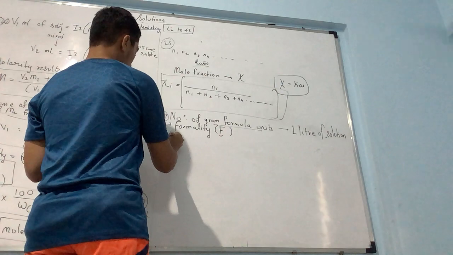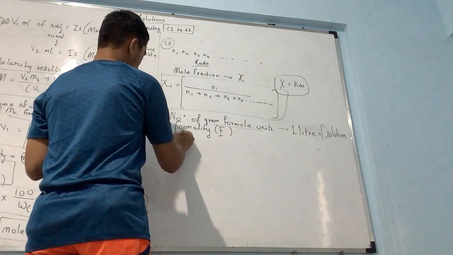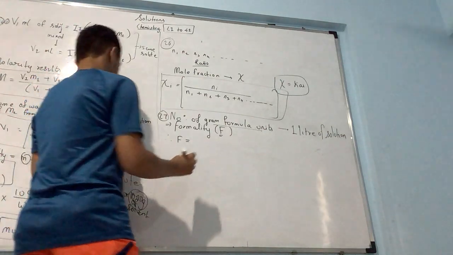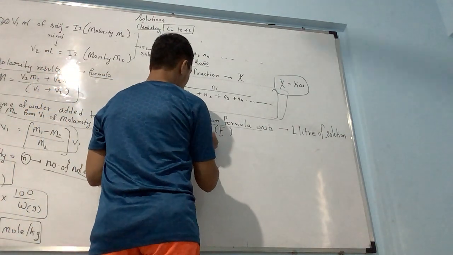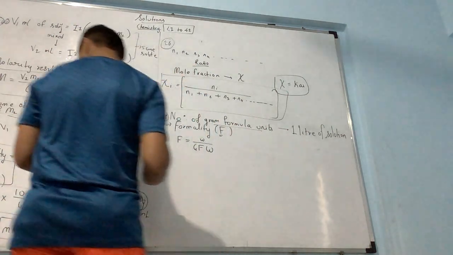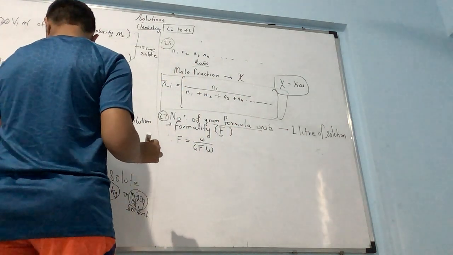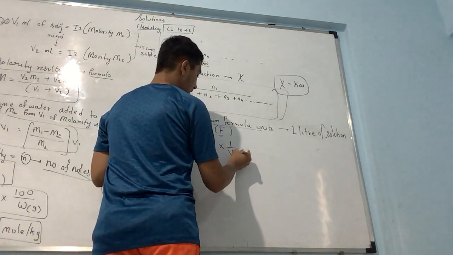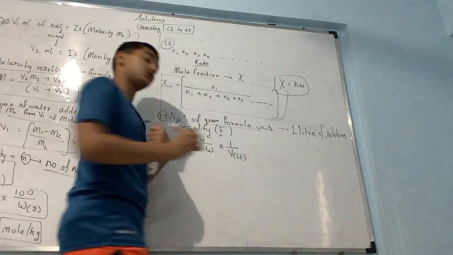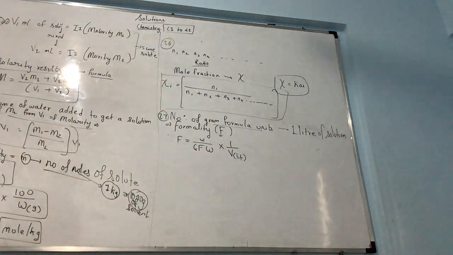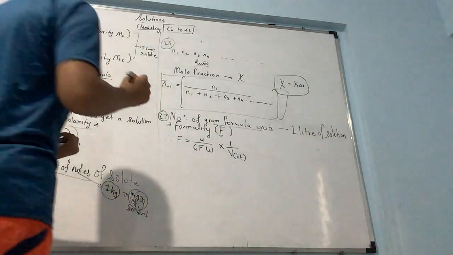Now we have a formula. What will the formula be? F is equal to W upon GFW multiplied by 1 upon V in liters. When the volume is in liters, we use it like this.